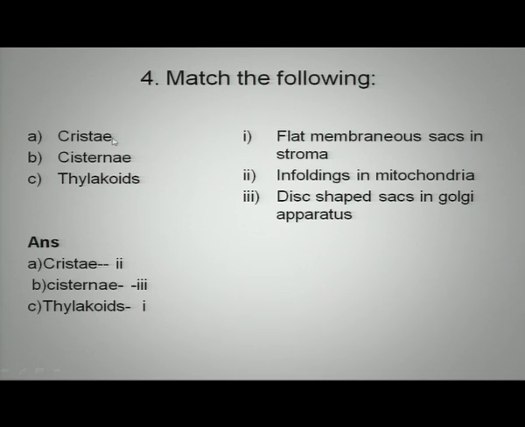So, you can see and verify your answers. First one is cristae. Cristae are the infoldings that are produced by the inner mitochondrial membranes. So, infoldings in mitochondria, that is the correct option. Good. Now, coming to the second one, cisternae.